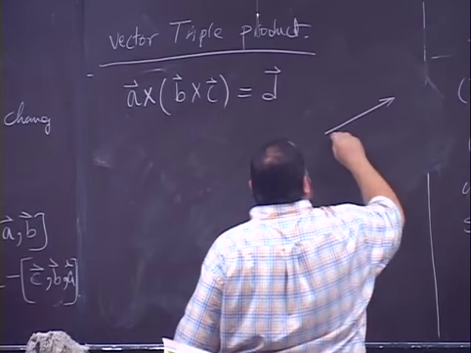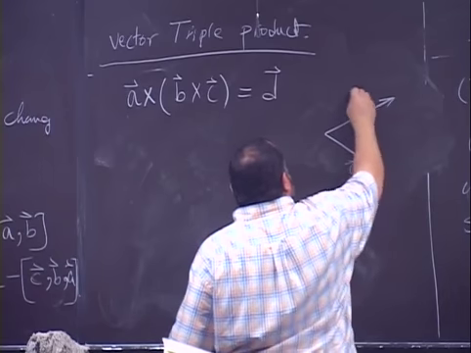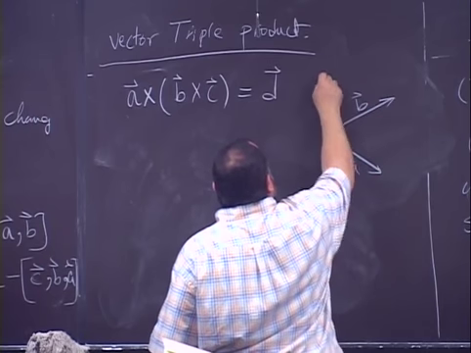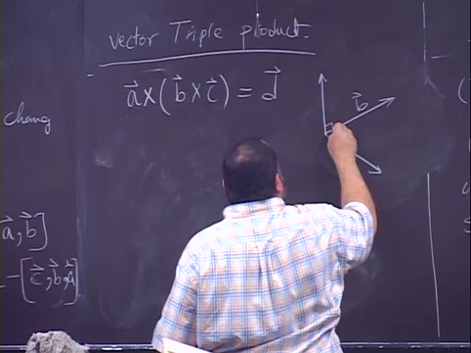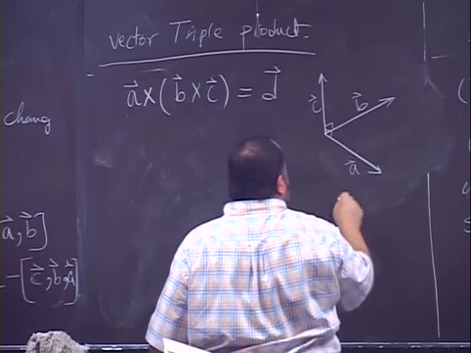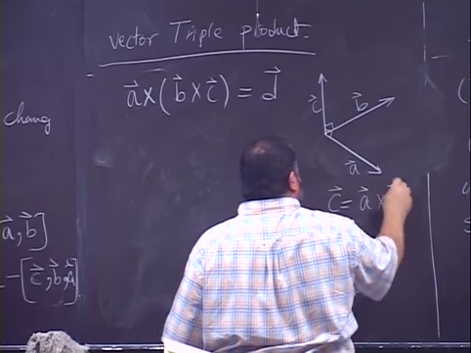So this is A, this is B. C, let's assume that this C will be both perpendicular to A and B. So C is nothing more than A cross B.